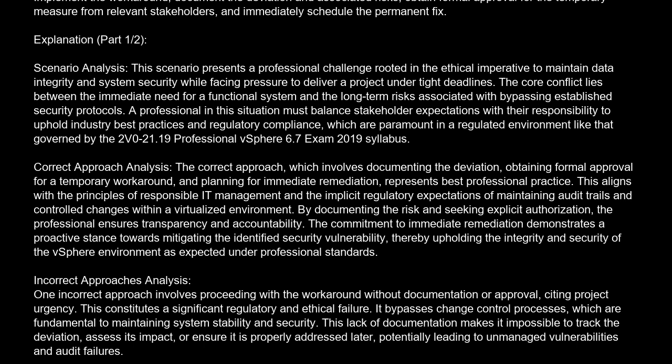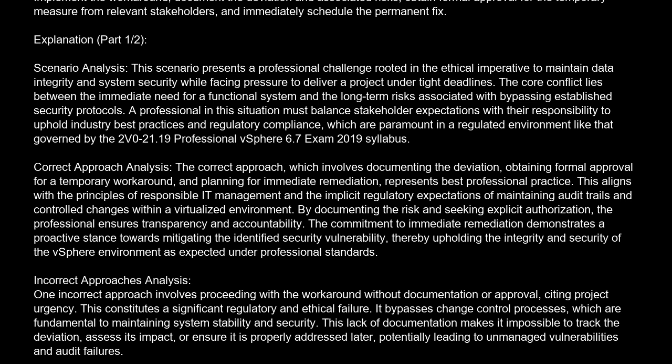By documenting the risk and seeking explicit authorization, the professional ensures transparency and accountability. The commitment to immediate remediation demonstrates a proactive stance towards mitigating the identified security vulnerability, thereby upholding the integrity and security of the vSphere environment as expected under professional standards.